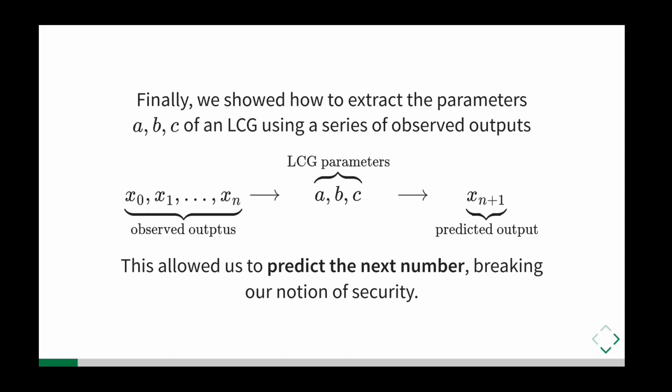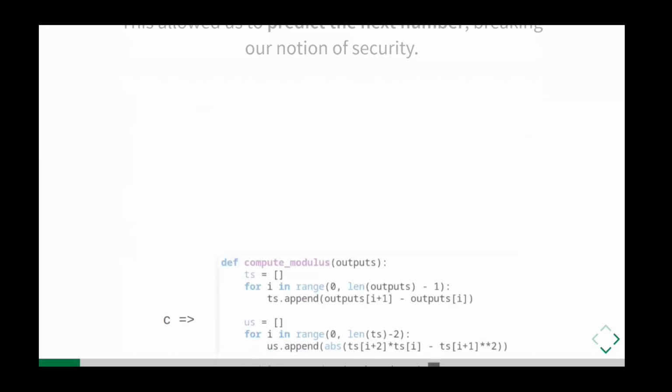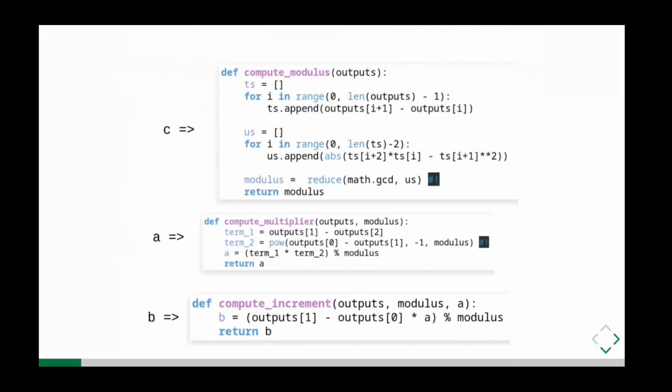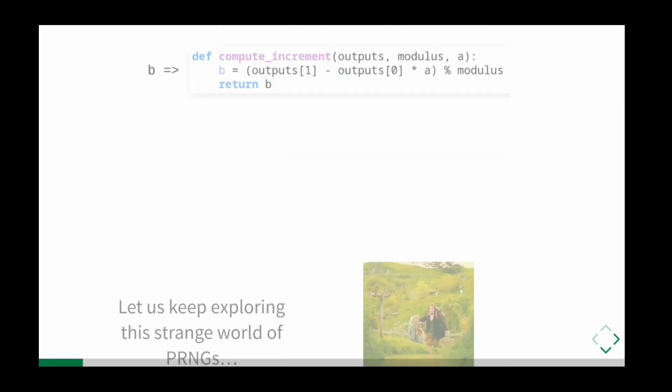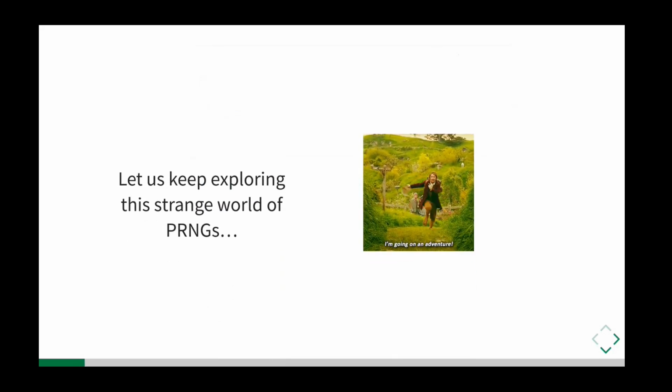And this is bad in terms of security because if you want to, for example, use the next number as a key, an attacker could observe the previous numbers, extract the parameters, and get the next key. So this was just the code to do this attack. The slides of the previous lecture are available online. And now we will keep exploring PRNGs, and we will see another PRNG. This time it's a bit more complex, but we'll see.